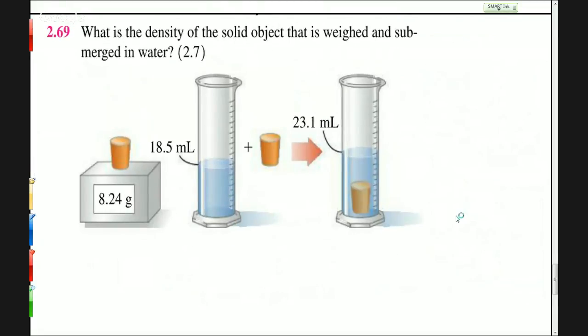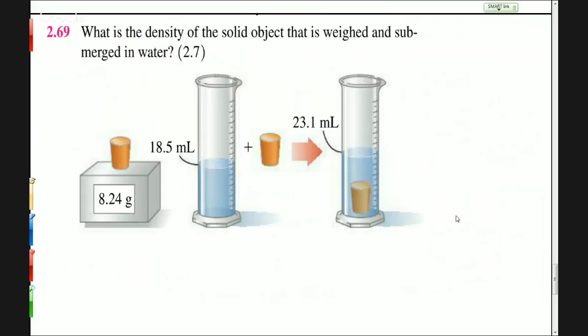What is the density of this solid object that is weighed and submerged in water? So we weigh this object, it's 8.24 grams, and we stick it in the water. How are we going to get a density from that? Yeah, we count the displacement.